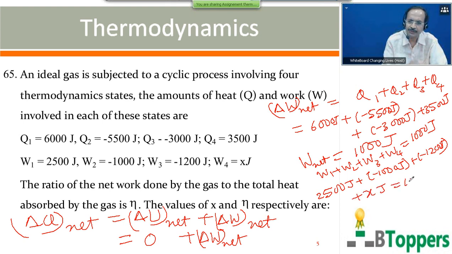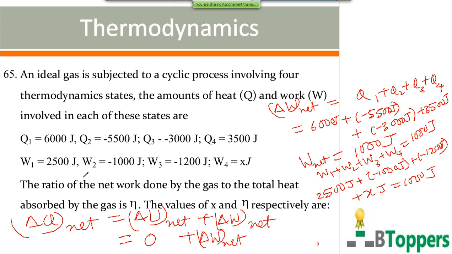W4 is X joules. That is equal to 1000 joules. This you have to simplify. Those who want to copy the working, please take a pause and copy the working. I have not completed the calculation, still it is to be continued. Please take a pause and complete the working calculation for X.